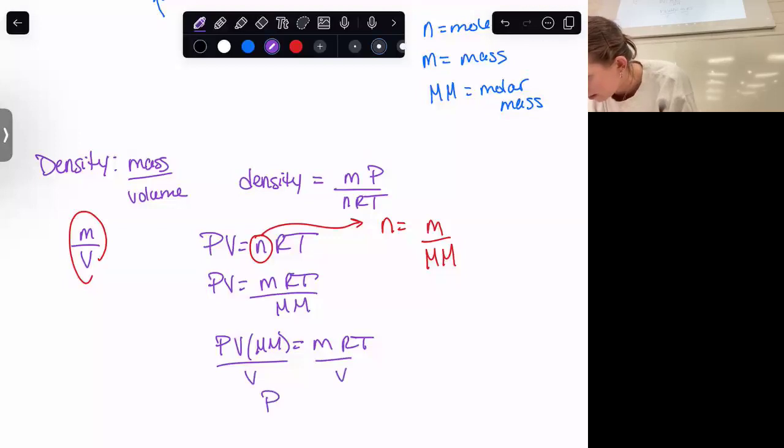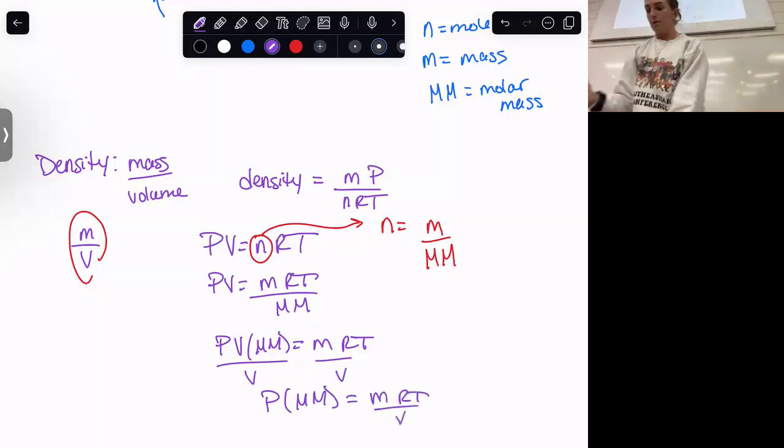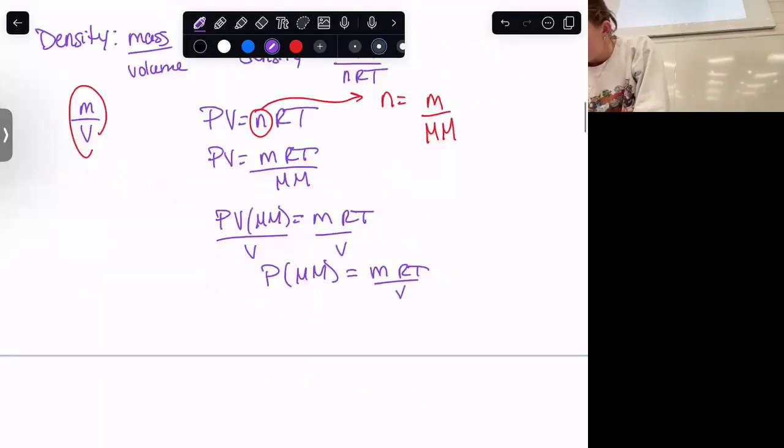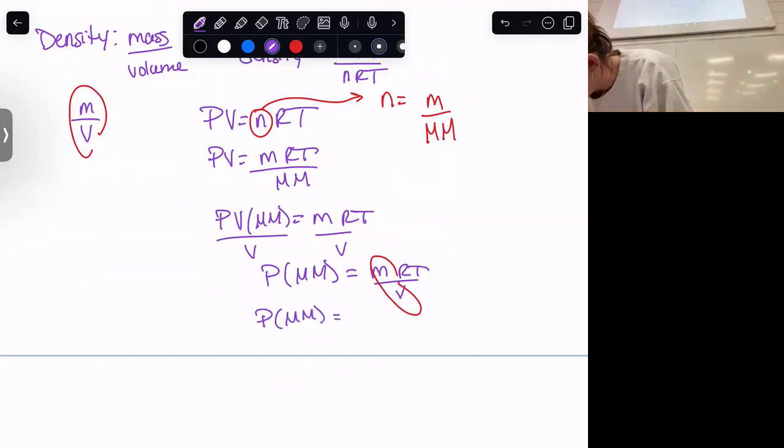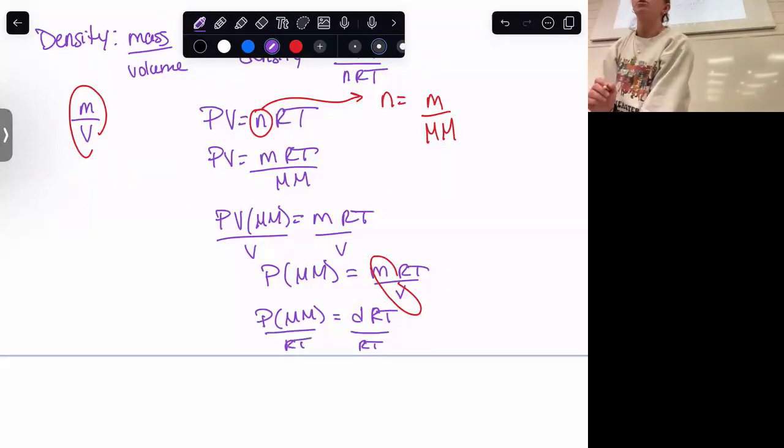So P times molar mass is equal to MRT over V. This now turns into this up here, which is our density. So pressure times the molar mass is equal to density times RT. And we divide by RT on both sides to get density by itself.